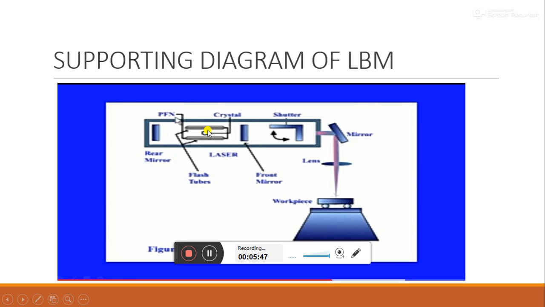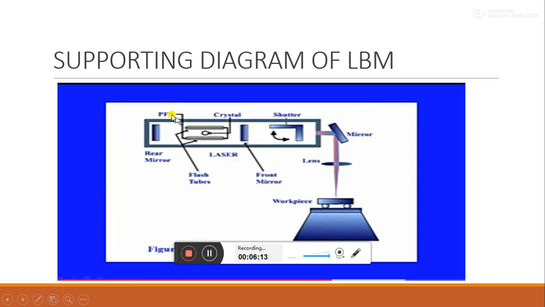Now when this flash tube is energized using the power supply, the energy can be varied by varying the power supply, and depending on the energy supply, the laser beam intensity also changes. Inside the crystal, what happens when external energy is given? There is excitation occurring, and the electron moves from a low energy level to a higher energy level.